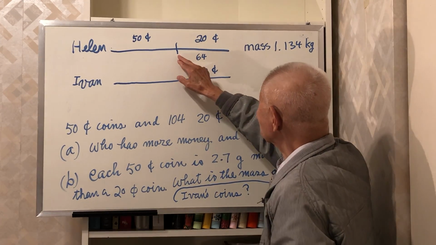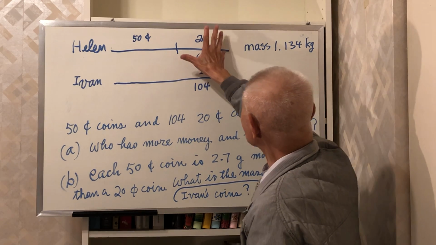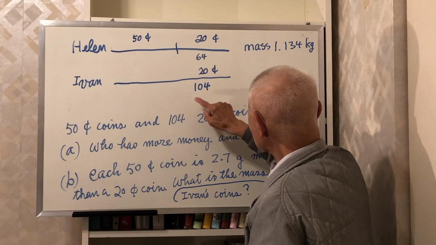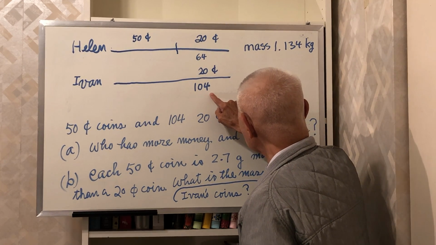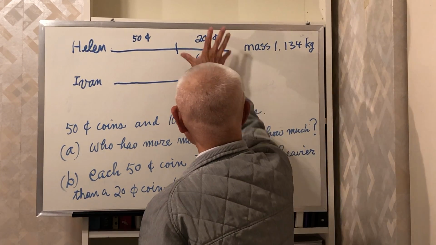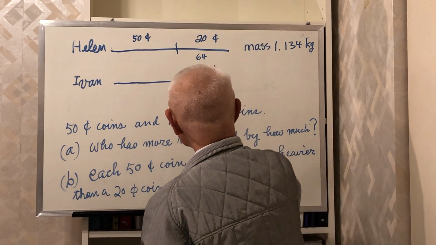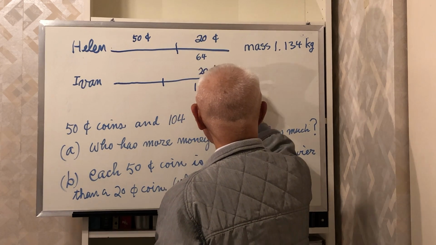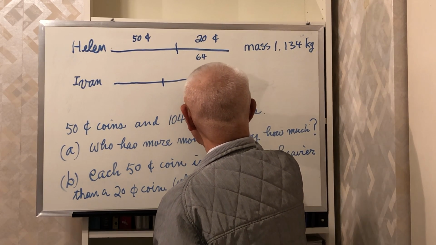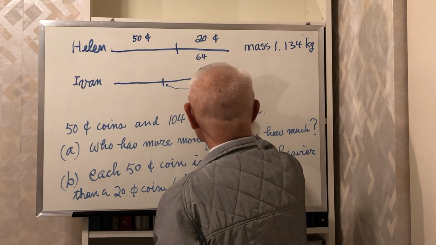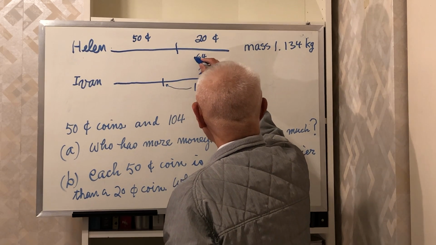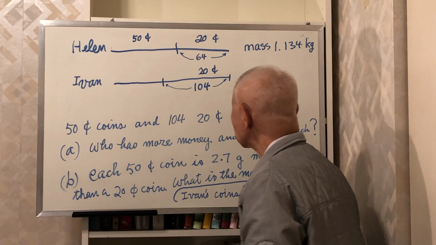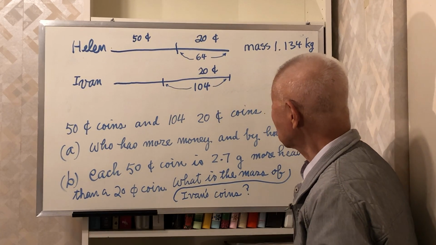Now this length from here to here represents 64 coins. But this is 104 coins, therefore the length should be longer than this. So let me say from here to here is 104. And from here to here represents 64 coins. Understand?